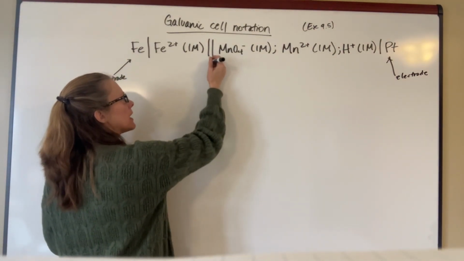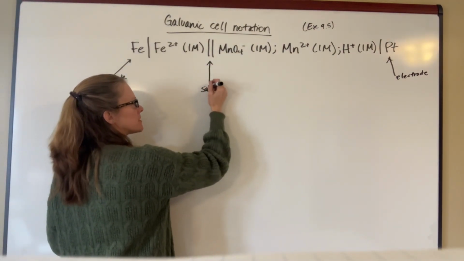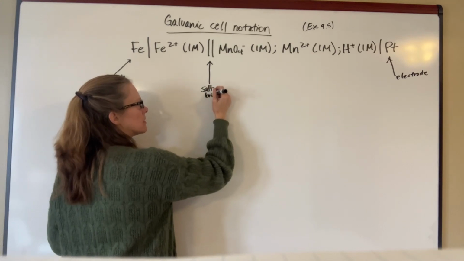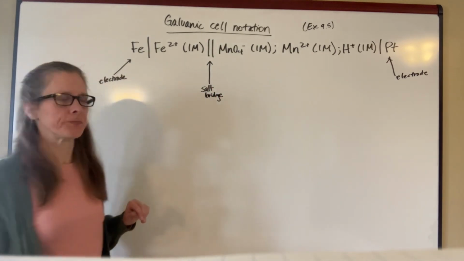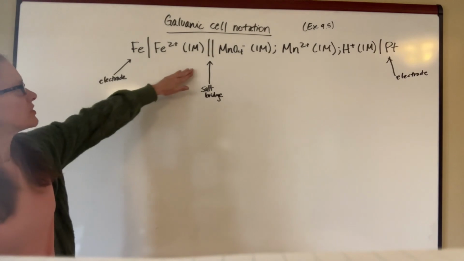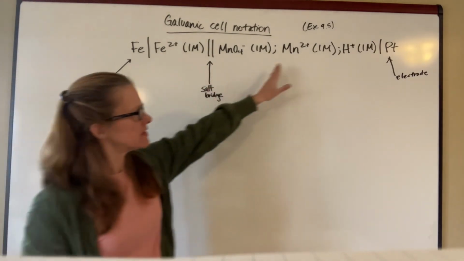And this double line in the middle tells us that this is where the salt bridge is. So this is one side, this is the other side.